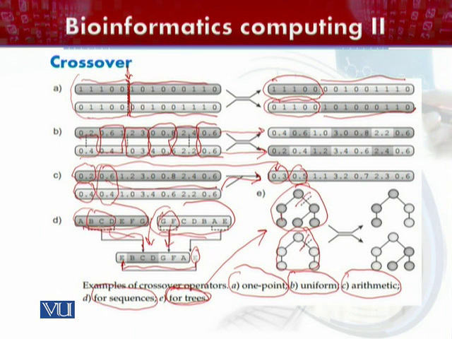So the original part is retained over here, the crossover point is over here, but this part is being swapped with the other one. So this chromosome takes this part of the other chromosome, and the other takes this part of this chromosome.